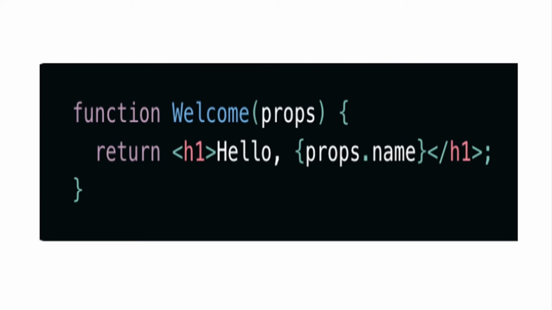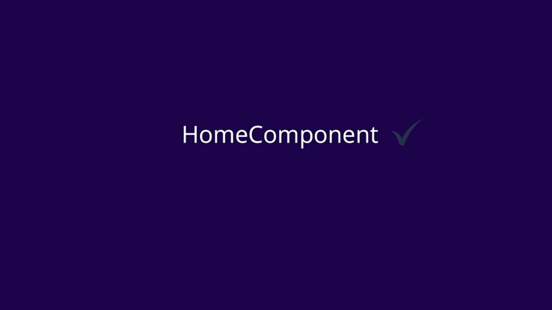Take note, when naming your component, always use the Pascal naming convention, which implies you capitalize the first letter of every word. So, for example, home component will be written like this. When you name it like this, ReactJS will treat it as a DOM tag. Beautiful. Another important point is that a component code is usually written in a JavaScript file with a .js extension or .jsx extension.